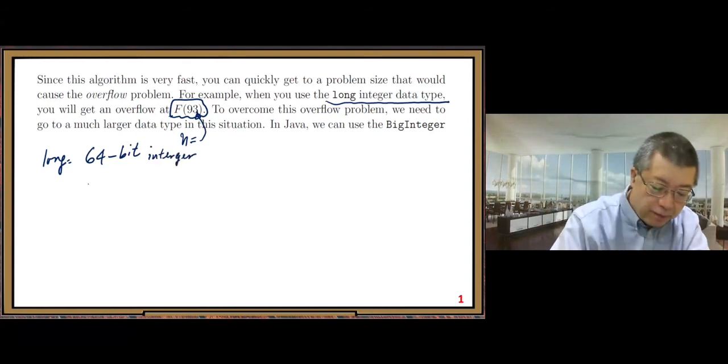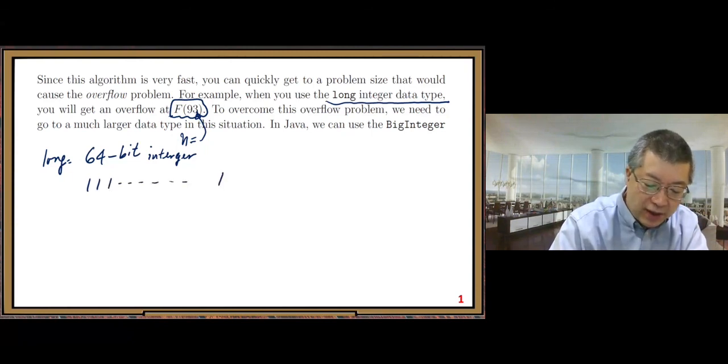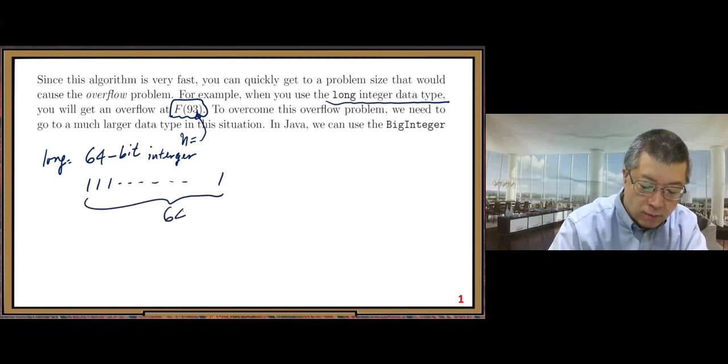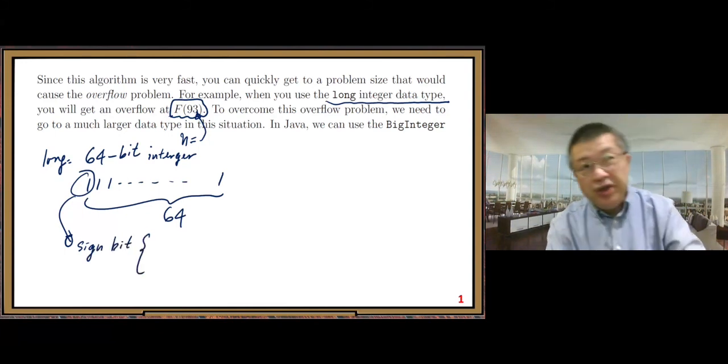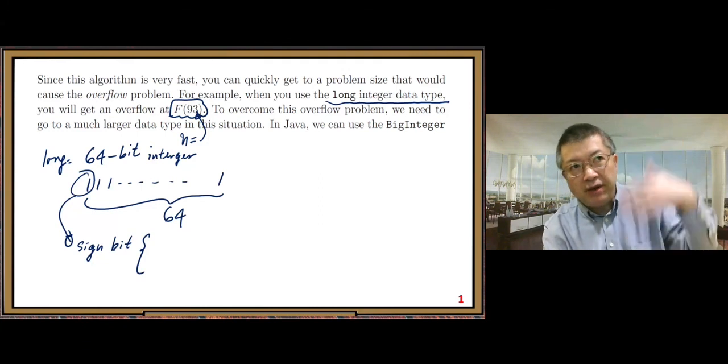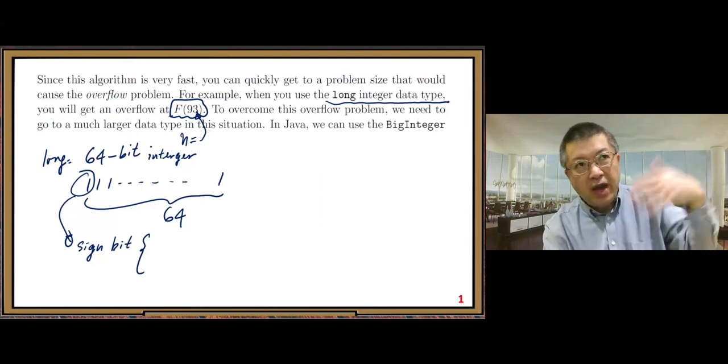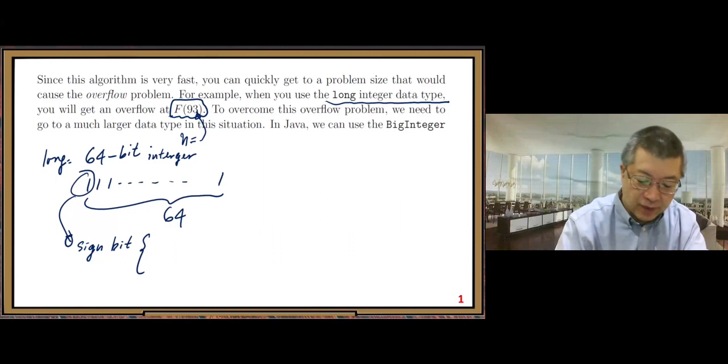Although it looks like there are many bits, 64 bits, the highest one is the sign bit, because we need to represent positive, negative, 0.